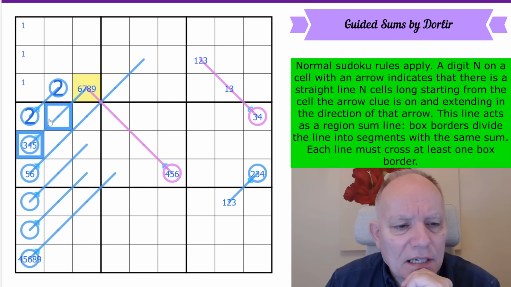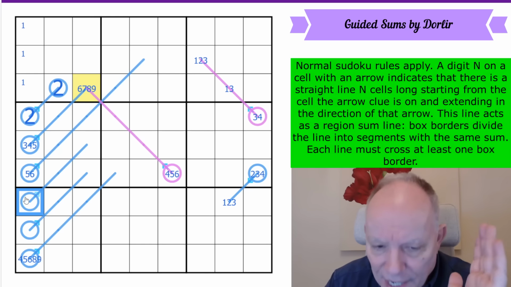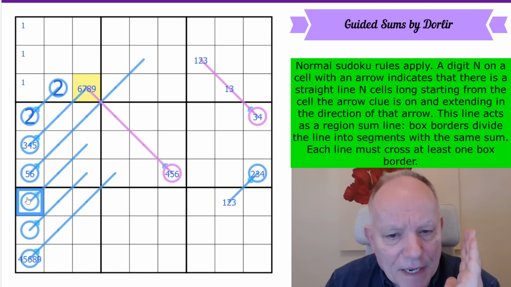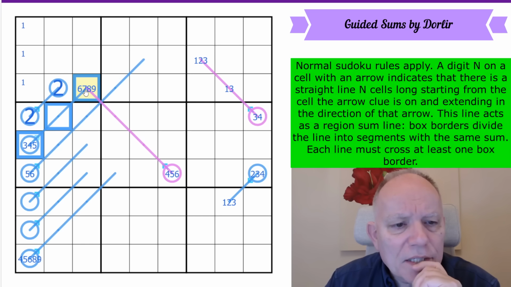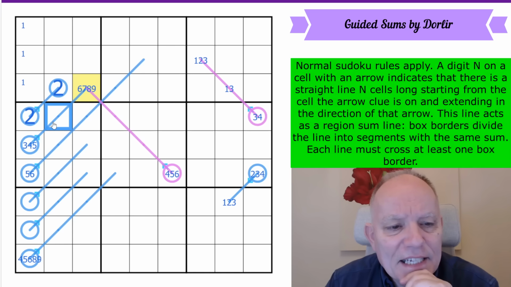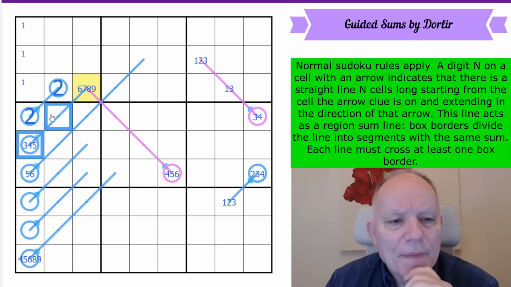So unless this does go 5-1-6, and that being a 3-4 pair and a 7 here, that is possible. It's a bit of a stretch, but it's possible. If it doesn't do that, this isn't a 1, it's at least 3 or 4. And now these add up to a minimum of 7.